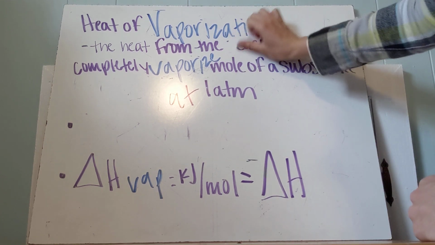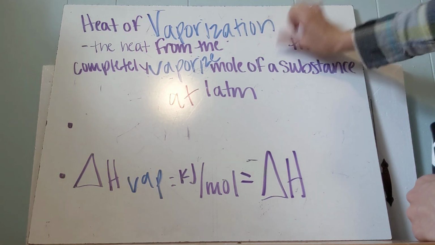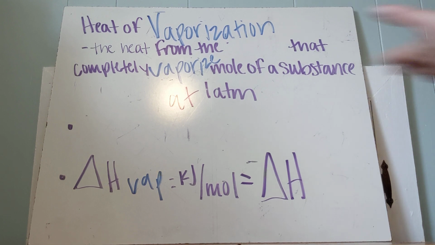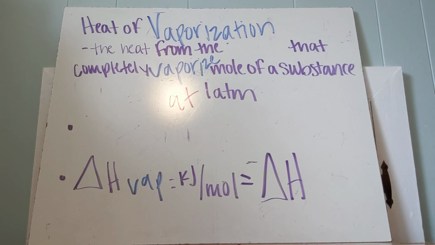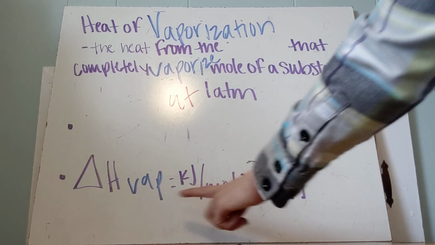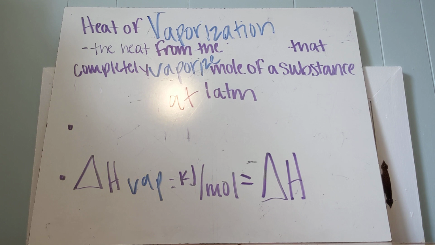And it's not really a reaction that's vaporizing it, because vaporization and even melting wasn't a reaction. But it's the heat that will vaporize a substance at 1 atmosphere of pressure. So delta H of vaporization is still going to be calculated using kilojoules per mole.